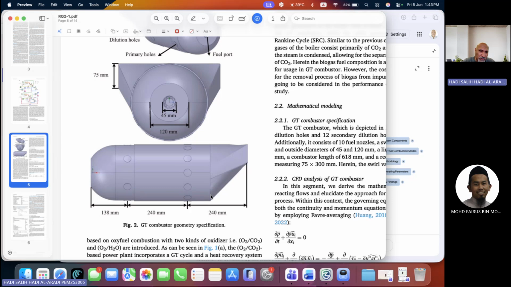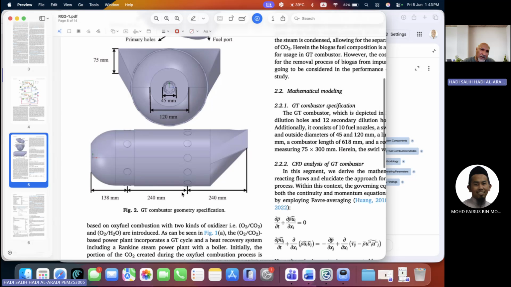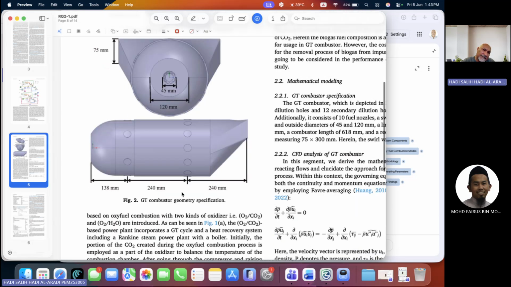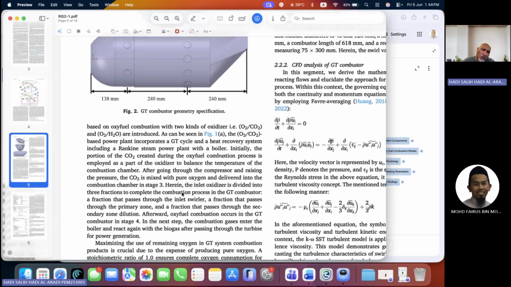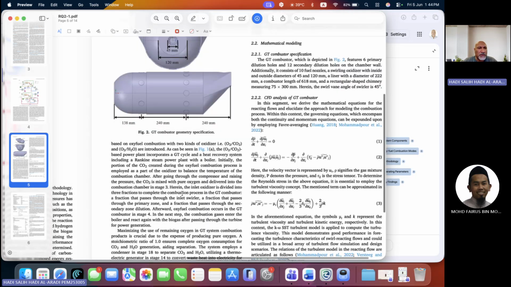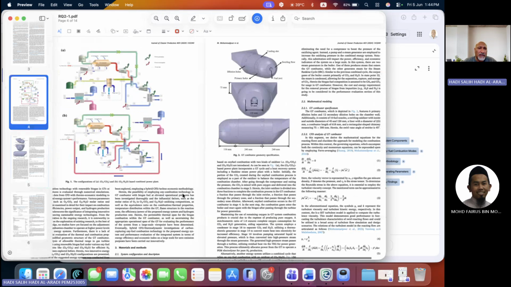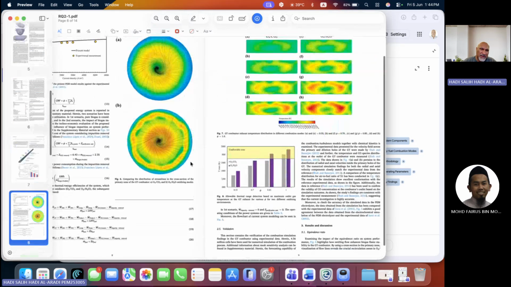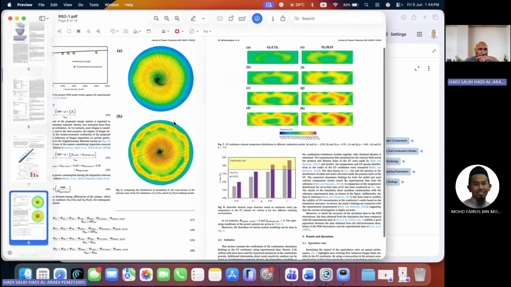They were trying to show the dimensions of the combustion chamber and where to put the holes to let more air enter the combustion chamber and try to preserve the swirl in a certain place, as you see here.